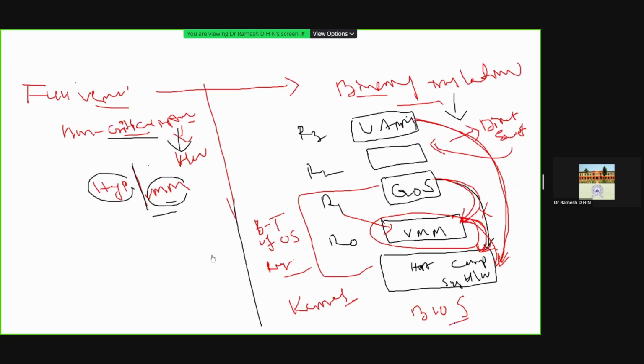So the guest operating system is not aware it is being virtualized and requires no modification. Please note this point.